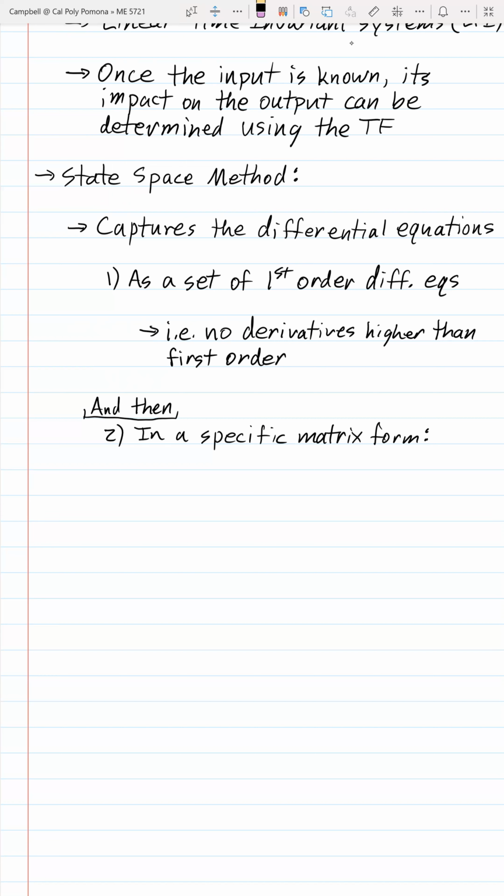And that form is: x dot is equal to A times x plus B times u, and y is equal to C times x plus D times u.